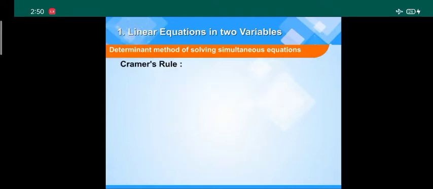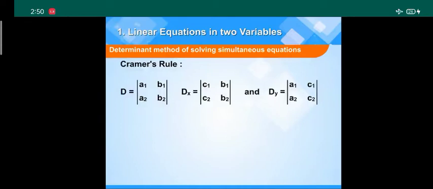Cramer's rule. D is equal to the determinant a1, b1, a2, b2. Dx is equal to the determinant c1, b1, c2, b2 and Dy is equal to the determinant a1, c1, a2, c2.